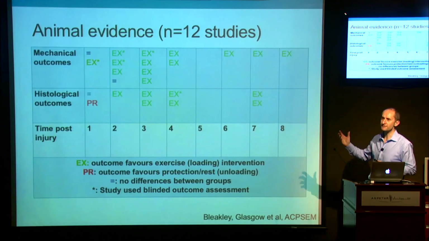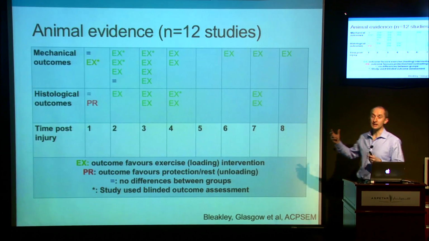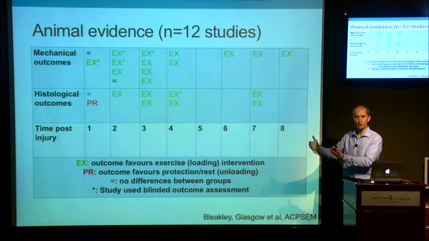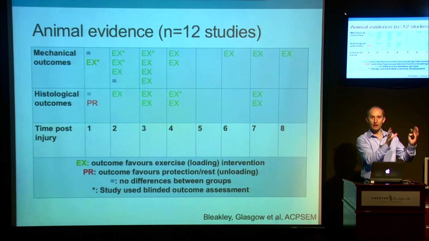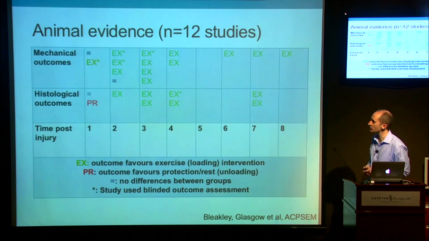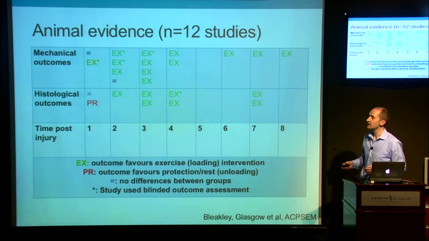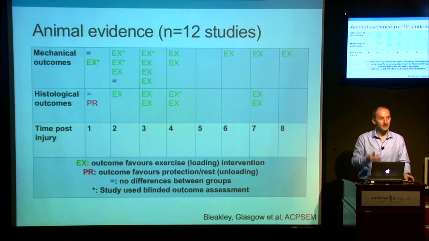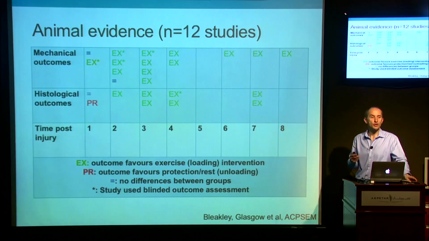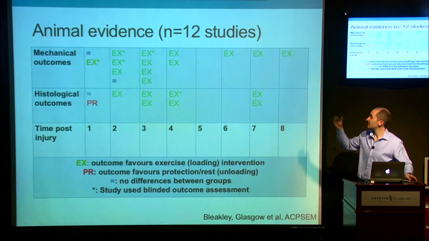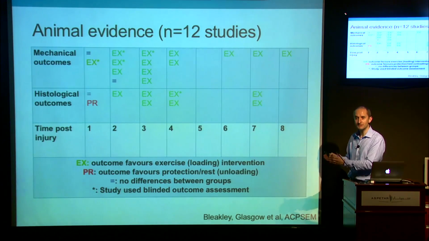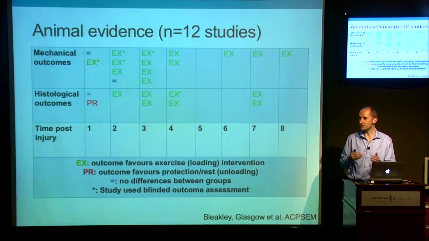When we look at these 12 studies in particular, where we looked at outcomes comparing early exercise versus immobilization or protection and rest, what we see, and this is the time post-injury in days across the bottom here, is overwhelming evidence in favour of early mobilization and early exercise. So in terms of outcomes at a basic science level, using animal models at a tissue level, we know that movement is better than immobilization in terms of longer term outcomes.